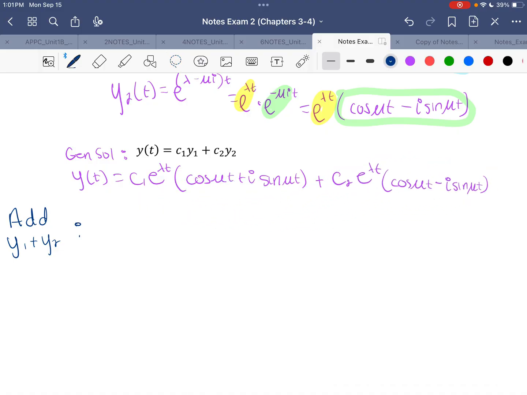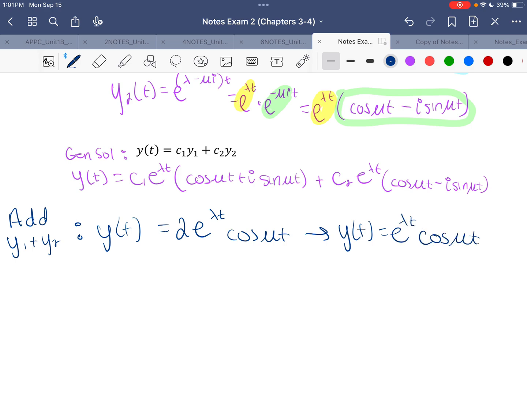Then you're left with y of t equal to 2e to the lambda t cosine mu t. Really we only care about our coefficient, and each problem's coefficients are going to be different. So this part of the solution simplifies. If it makes your heart feel happy, you could say c1 is 1/2 and c2 is also 1/2, and that's how they could have made this happen.